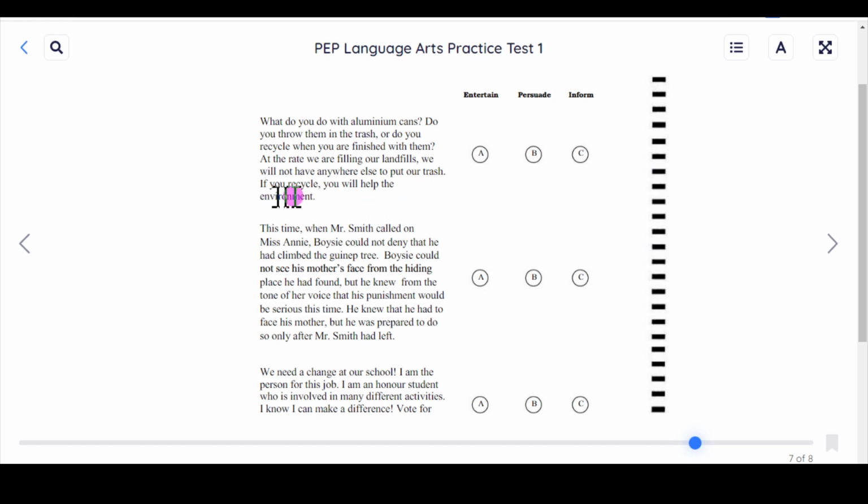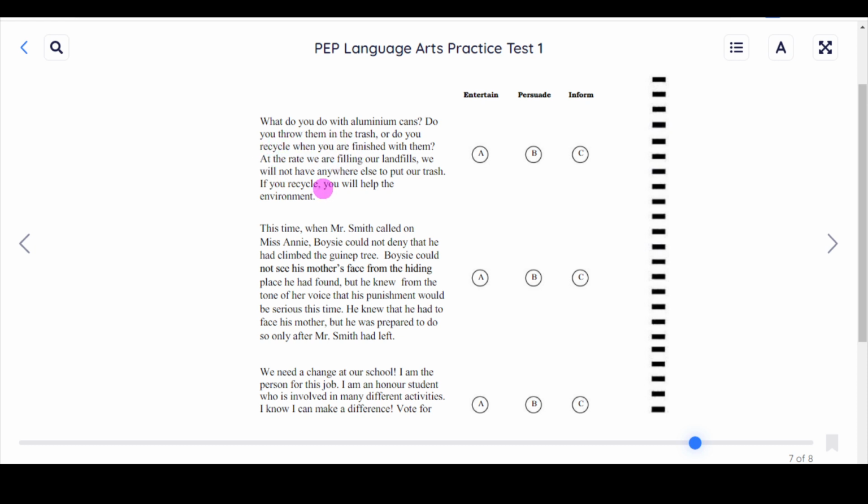If you recycle, you will help the environment. This is science based content that I'm seeing in language arts. Okay, and this is something that we need to pay attention to. Comprehension type exercises in language arts can come from any other subject in the curriculum.